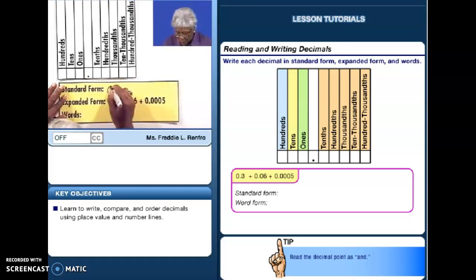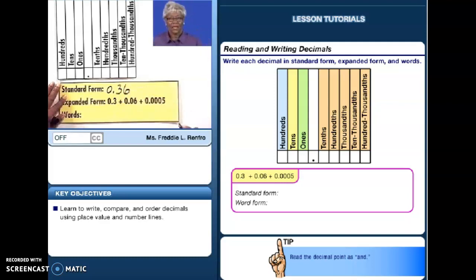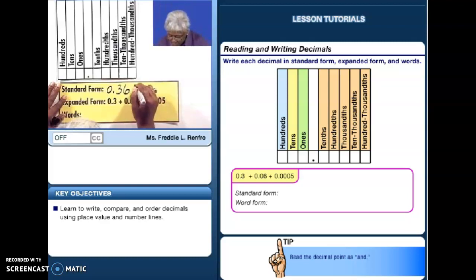So I'm going to put a 0 in front. 3. The 6 is in the hundredths place. So I'll put it here. Now notice the 5, 1, 2, 3, 4, is in the 10,000ths place. So I need a placeholder in the thousandths. So I'm going to put a 0 in the thousandths and then the 5 in the 10,000ths.